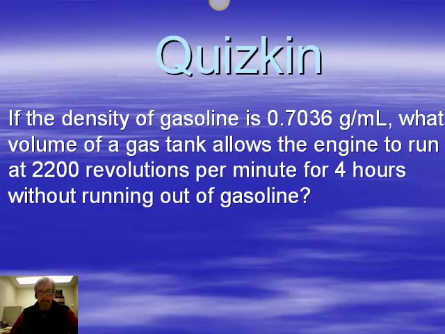Next problem. The density of gasoline is 0.7036 grams per milliliter. The question is, what volume of a gas tank allows the engine to run at 2200 revolutions per minute for 4 hours without running out of gasoline?